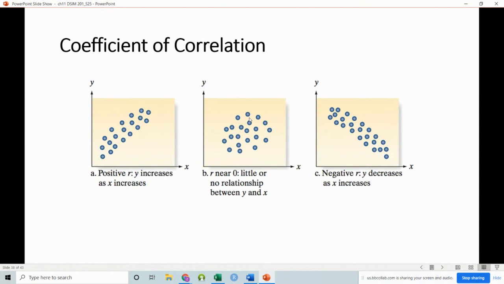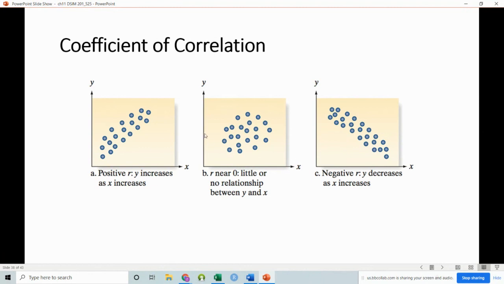So if something is positively correlated, it will have an upward facing slope. So the data will kind of look like it's going up, and then you can tell that it's positive. So y increases as x increases. If there is no correlation, then it will look kind of like a blob on the scatter plot.